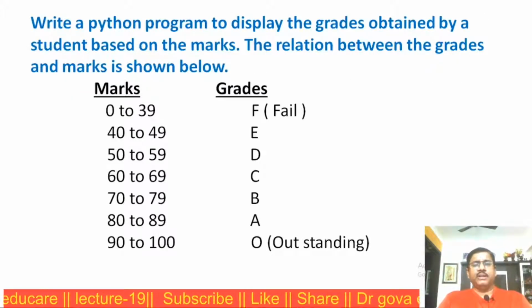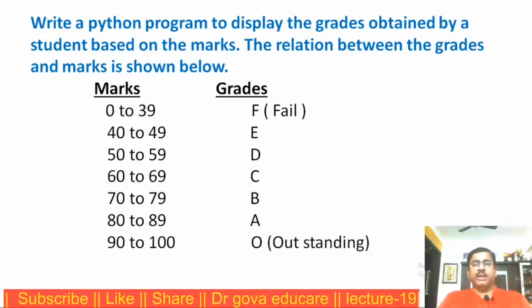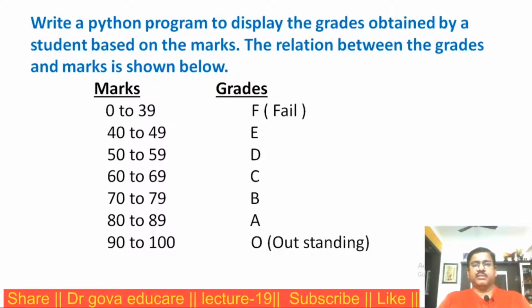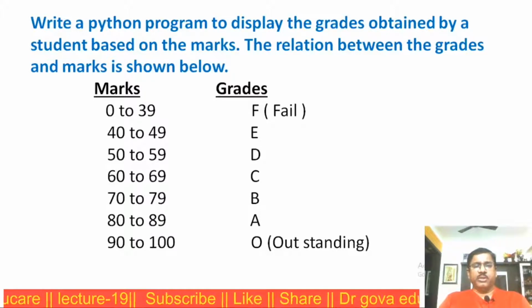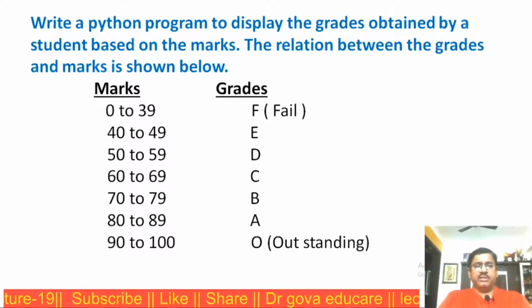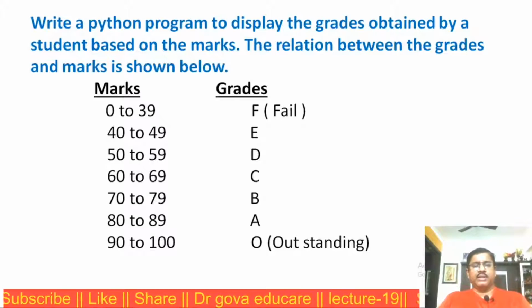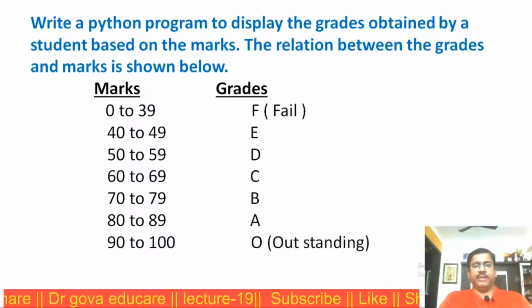Now this is the program. Write a Python program to display the grades obtained by a student based on the marks. The relation between the grades and marks is shown below. Marks in the range 0 to 39, the grade is F, that means fail.